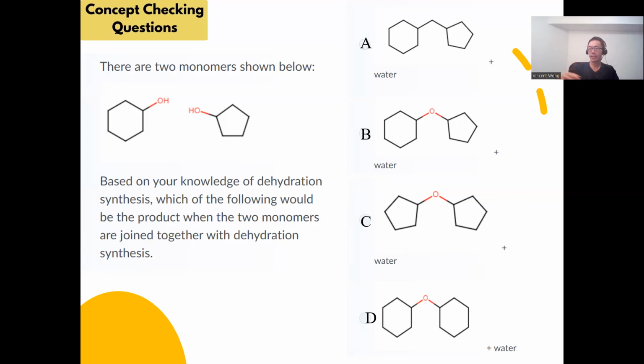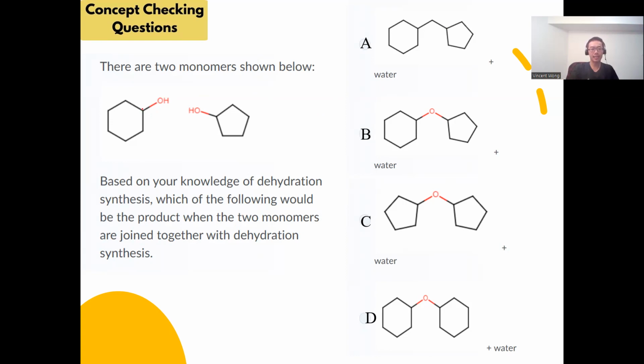So this would be an example of an application question. We can see here there are two monomers.